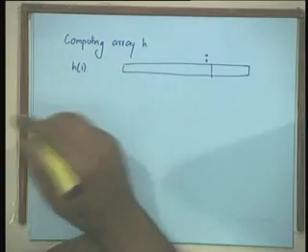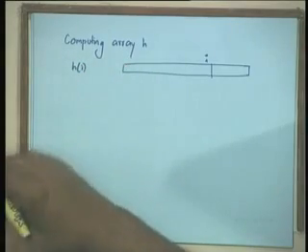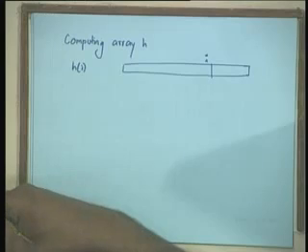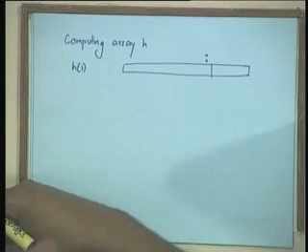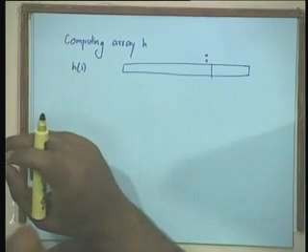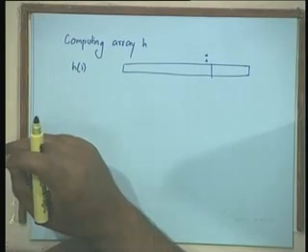So H of I's value is the longest prefix of the pattern, or the longest suffix, whatever. What are the potential values of H of I? What are the different values H of I can take? 0 to I minus 1, because we also said proper.